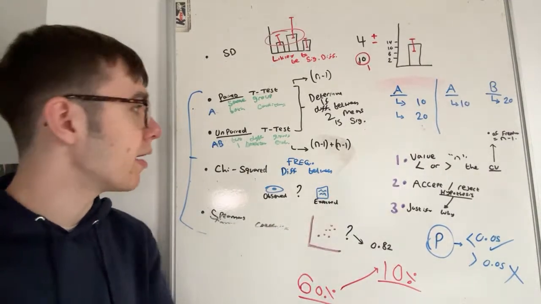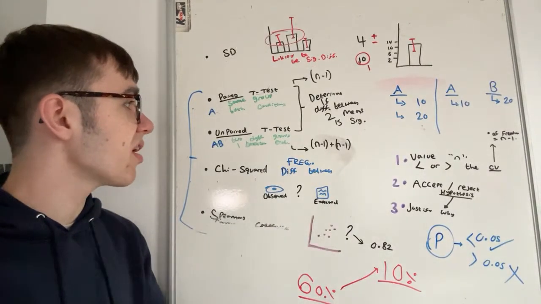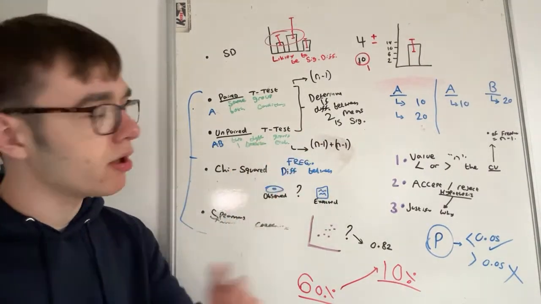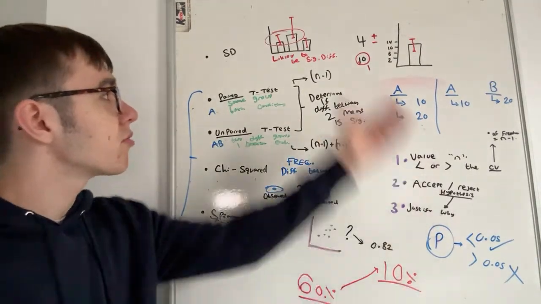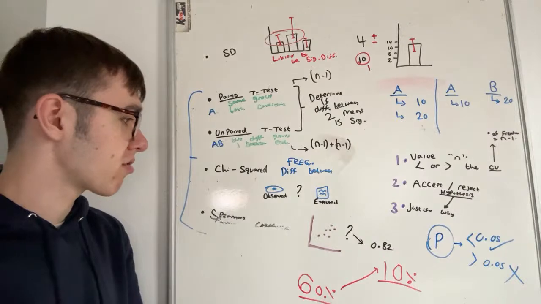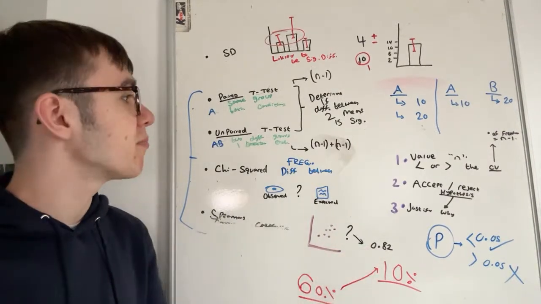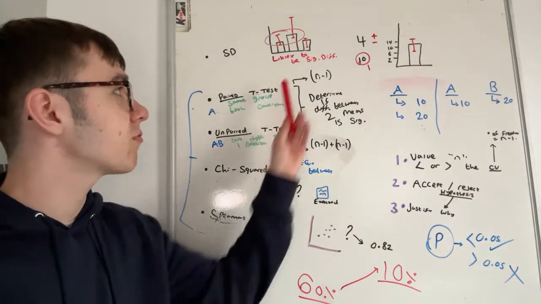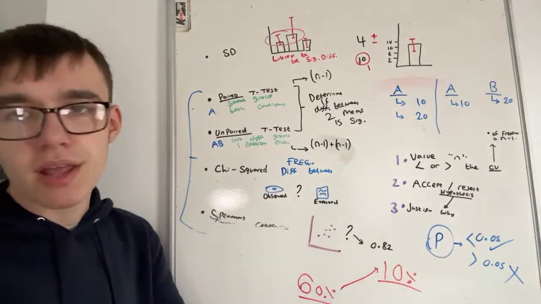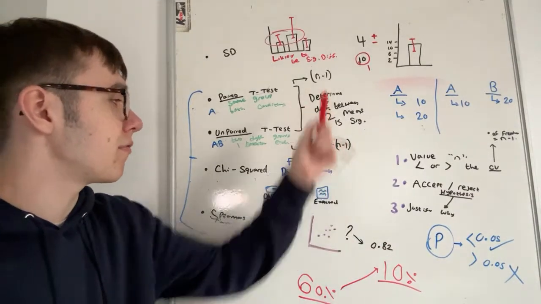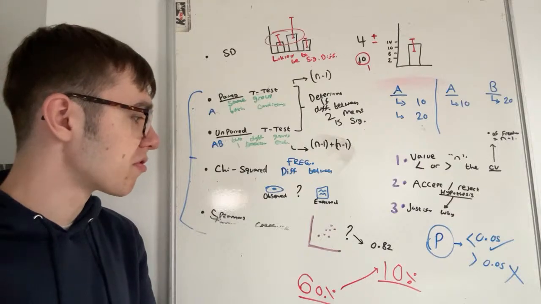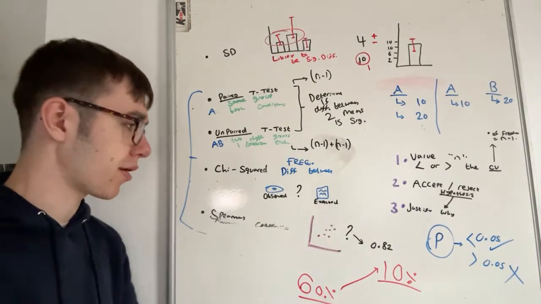P-value, probably a mark. Saying use a t-test, I've found that in a lot of exams, it's 1 or 2 marks. Talking about this, maybe 1 or 2 marks. You can pick up dozens of marks in the paper just for tiny bits of knowledge. It's highly unlikely that you will need to do math like that or math like that. Probably the most difficult thing you'll do is Spearman's rank.